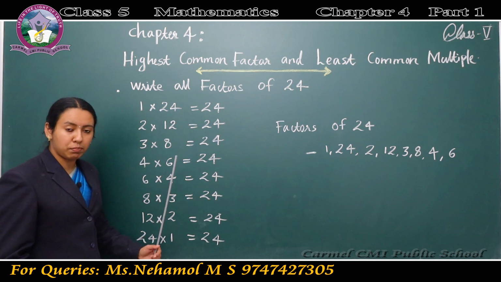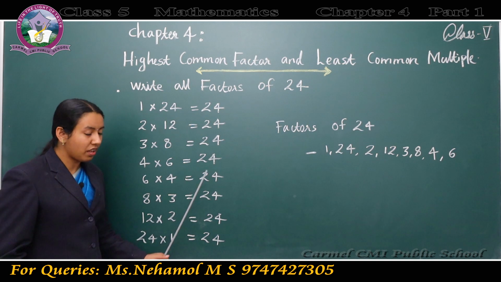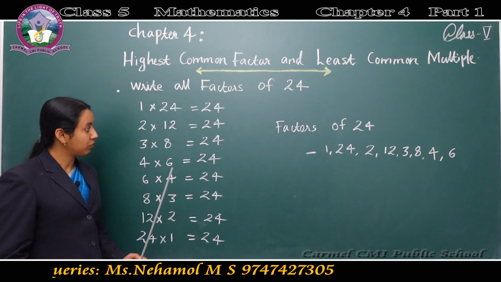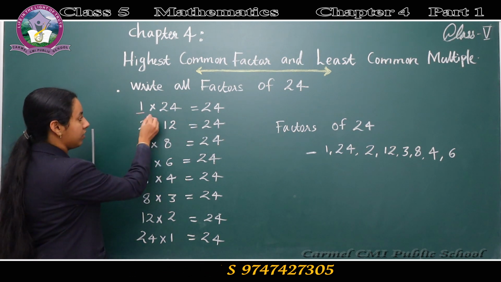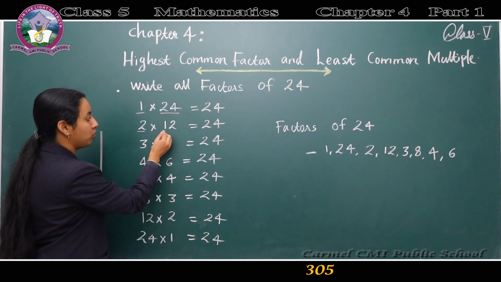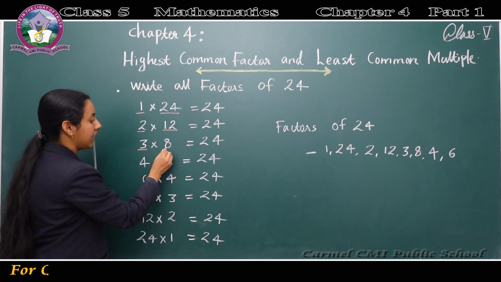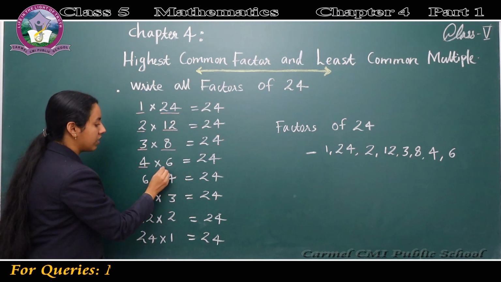Is there any other pair of numbers which give product as 24? No. So, factors of 24 are 1, 24, 2, 12, 3, 8, 4, 6.